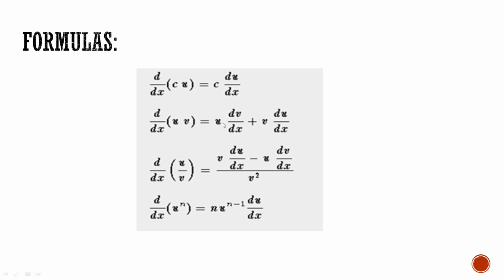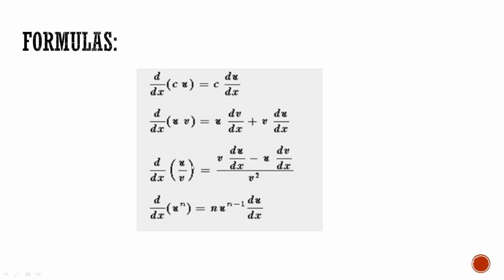So meaning, you copy the first term, multiply it by the derivative of the second term, and then plus, copy the second term, multiply it by the derivative of the first term. So that is the product rule. And then for the quotient rule, we have v du minus u dv all over v squared. So we just follow this rule.